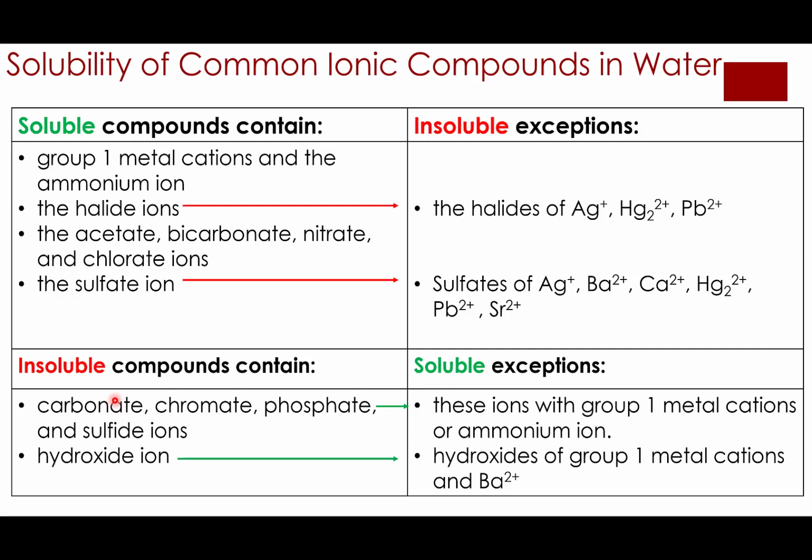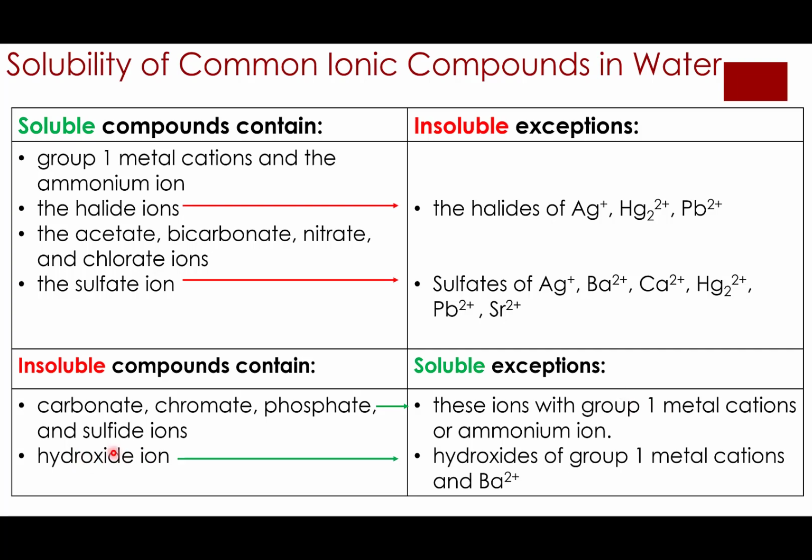So typically insoluble: carbonate, chromate, phosphate, sulfide. These ions are typically going to be insoluble, with the exception of when they are attached to group 1 or ammonium. So typically these will be insoluble unless they're attached to group 1 or ammonium.